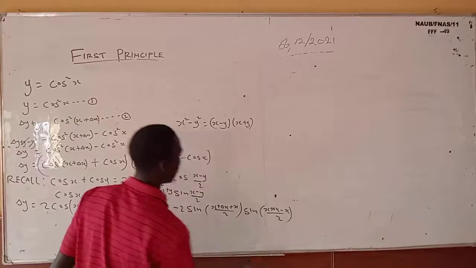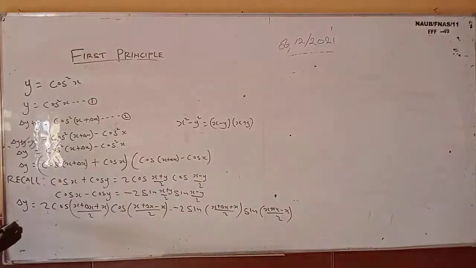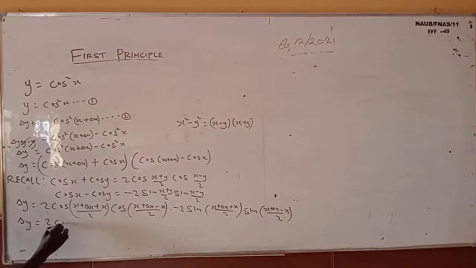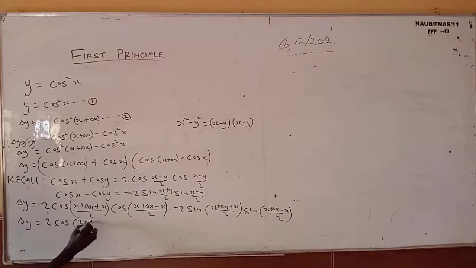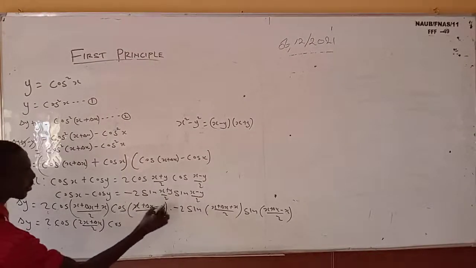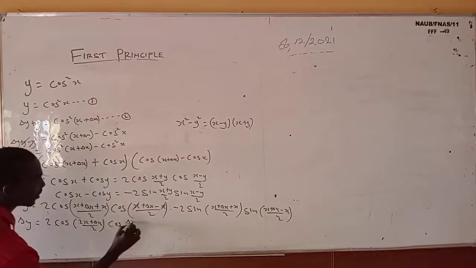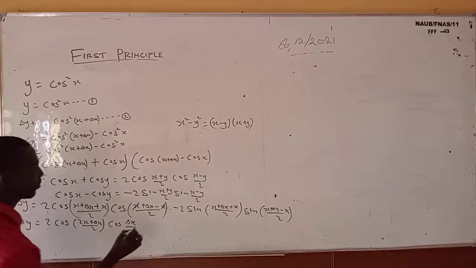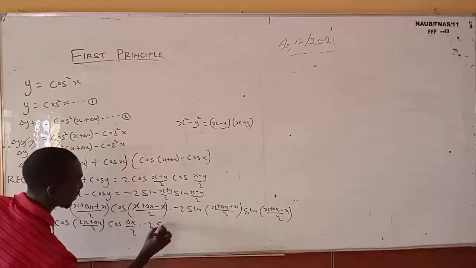So if you look at this now, change in y is equal to, x plus x is 2x. So we have 2 cos of 2x plus change in x over 2, then cos of change in x over 2, multiplied by minus 2 sine.